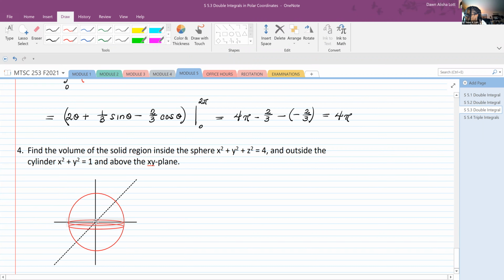So this is the sphere. Okay, so that's the sphere of radius 2. And then we have a cylinder of radius 1.